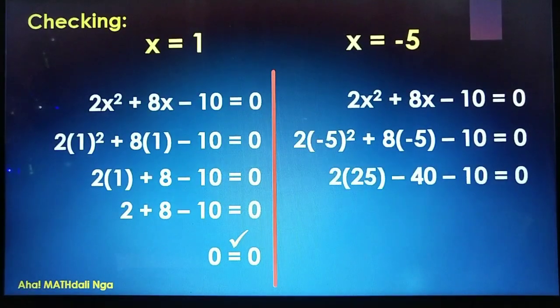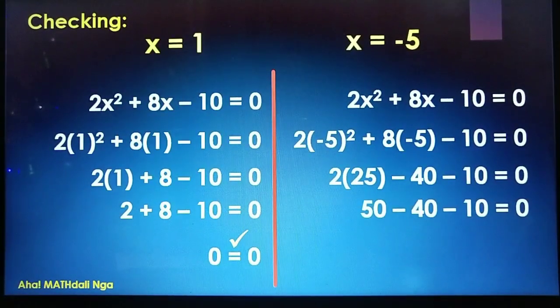We have 2 times 25 because negative 5 times negative 5 is positive 25. Next, we have positive 8 times negative 5 equals negative 40. Then copy negative 10 equals 0. Continue, we have 2 times 25 is 50 minus 40 minus 10 equals 0.